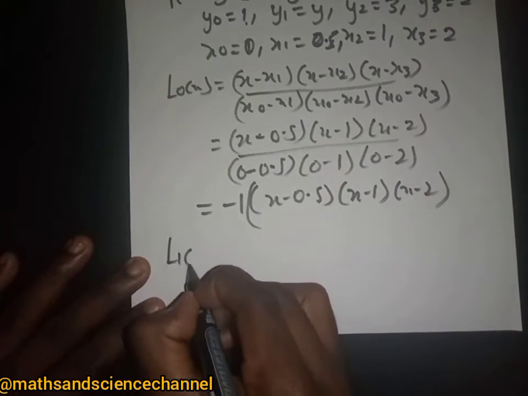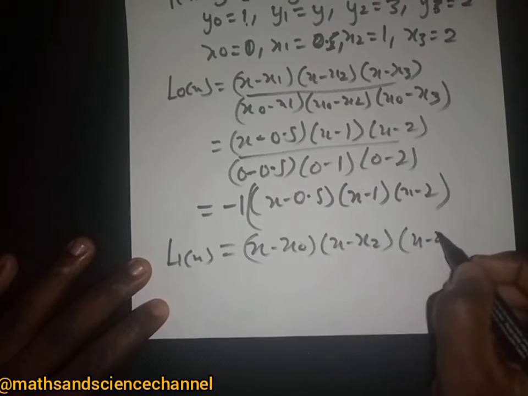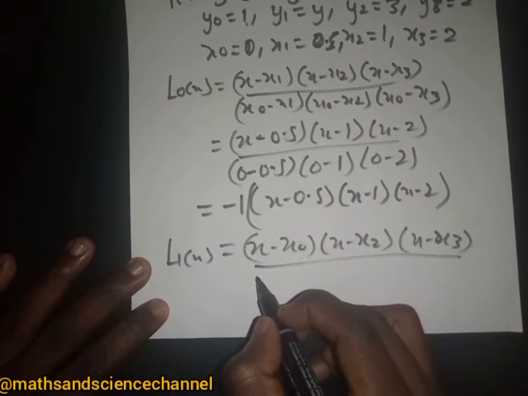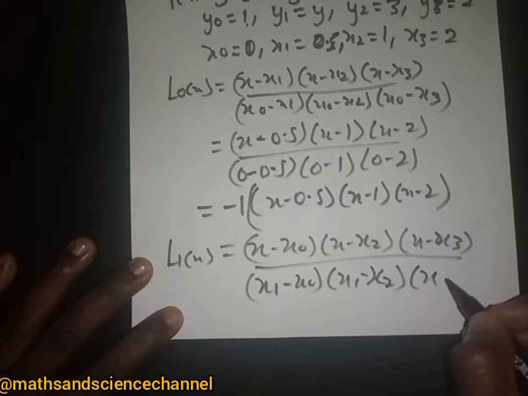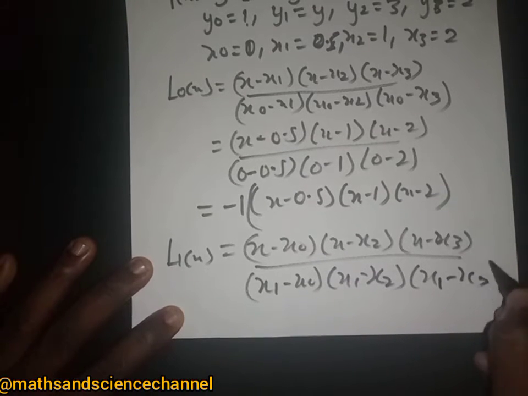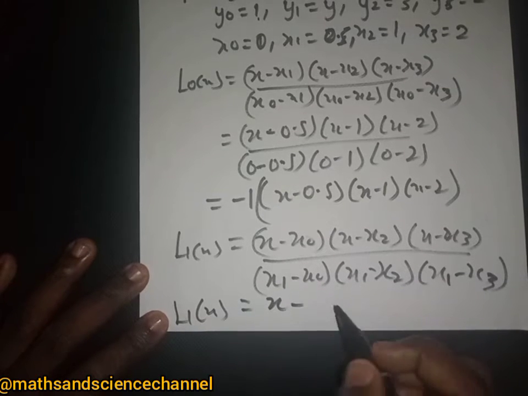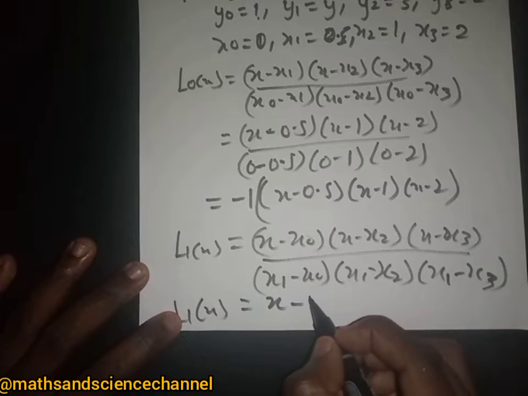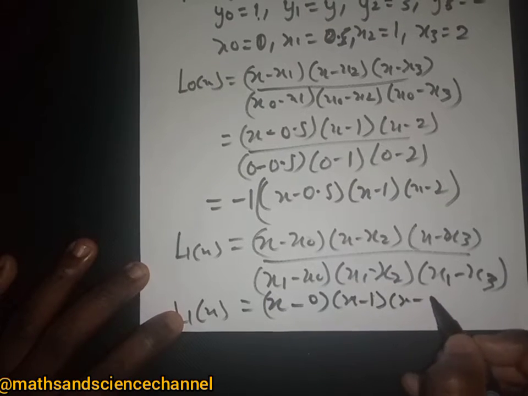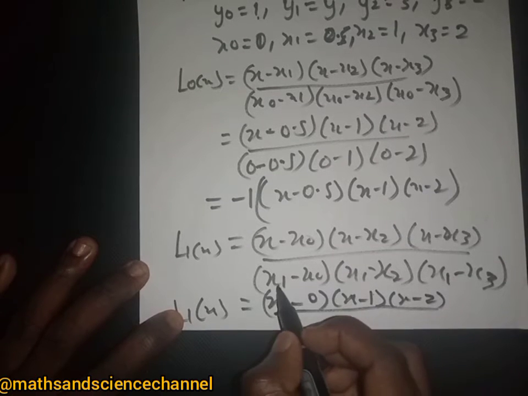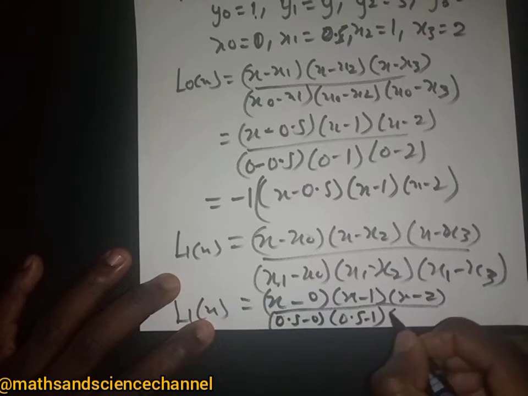Now let's look at l1. l1 of x will just be x minus x0, then x minus x2, then x minus x3, being divided by x1 minus x0, then x1 minus x2, then x1 minus x3, right? Now l1 of x will be x minus 0, then x minus 1, then x minus 2, being divided by 0.5 minus 0, 0.5 minus 1, 0.5 minus 2.